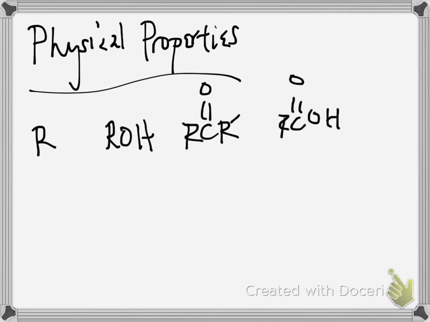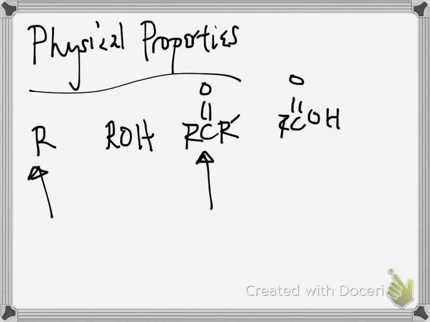When we talk about boiling points, we're talking about intermolecular bonding. So the lowest is going to be the alkane. And the type of bonding intermolecularly here is only the van der Waals forces, or induced dipole. The second lowest would be the aldehydes and ketones, if the surface area is comparable.